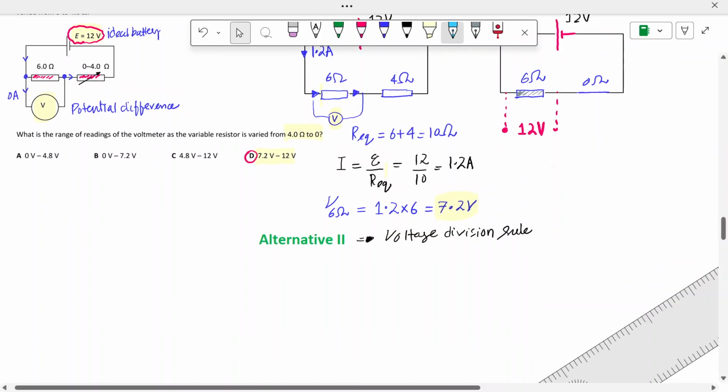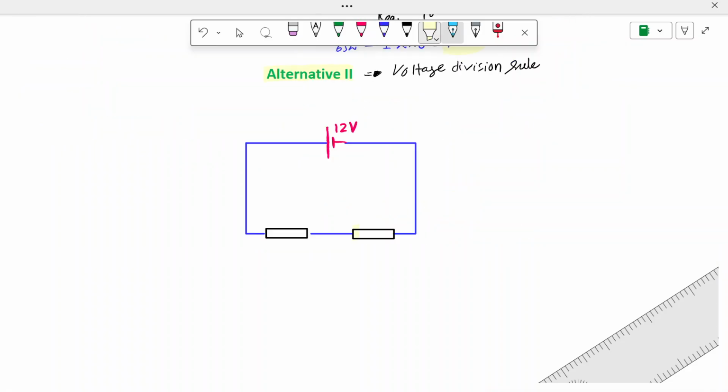Now the second method might be easy and new for you, because I'm going to apply the voltage division rule. Students, you remember it's a variable resistance and we are changing it from 4 ohms to 0 ohms. Right now it is 4 ohm, and this is a fixed resistance which is 6 ohms.